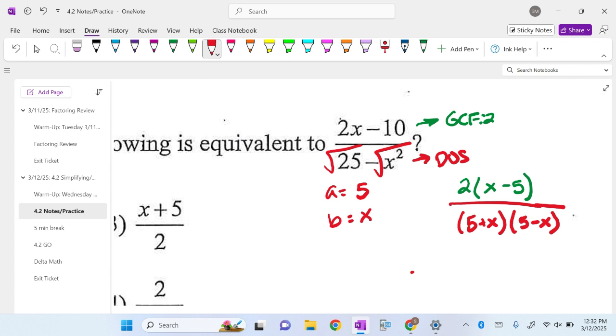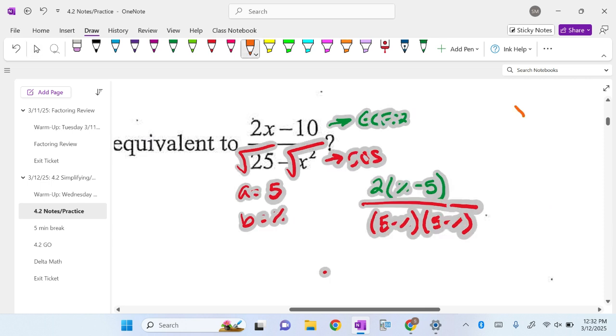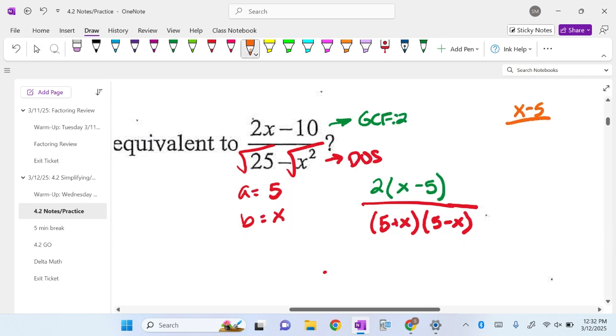Now, when you get to this, as it stands right now, we cannot cross anything out. Your gut instinct may be to cross out this x minus 5 and the 5 minus x. But if I rewrote those two terms, so I'm just going to write that up top. So x minus 5 over, I'm just going to switch the places, negative x plus 5.